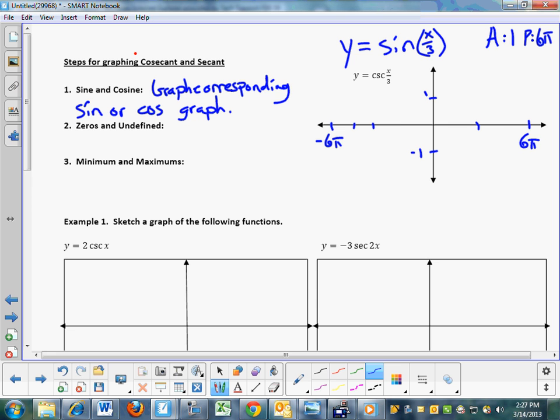Divide into 4 spots. Where does sine start? Top, bottom, center. Center. Is this one going to start by going up or going down? Up. So I start here. I go up, down, down, up.